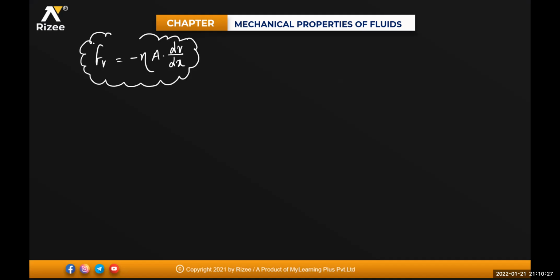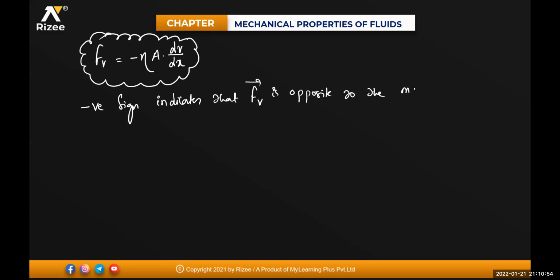The negative sign indicates that viscous force Fv is opposite to the motion of the liquid.